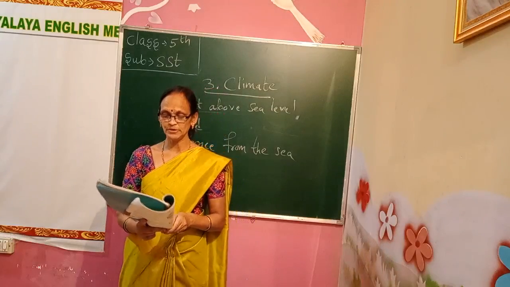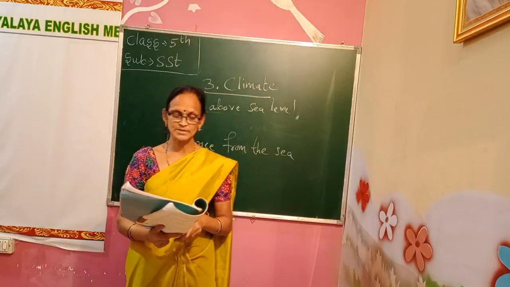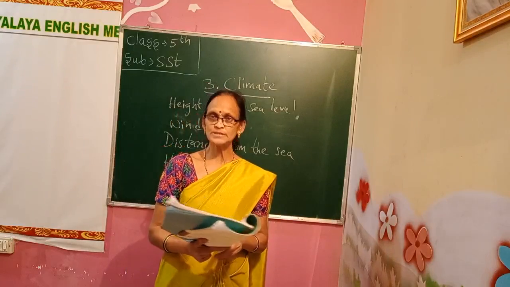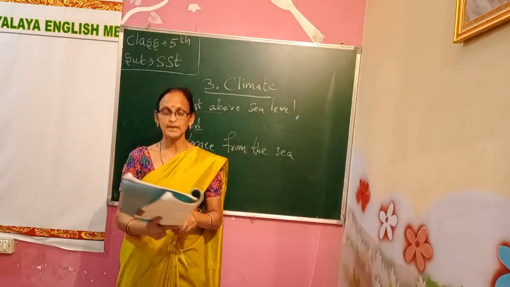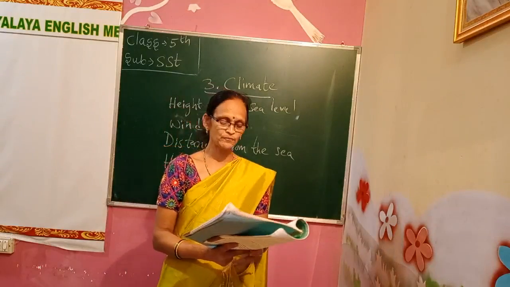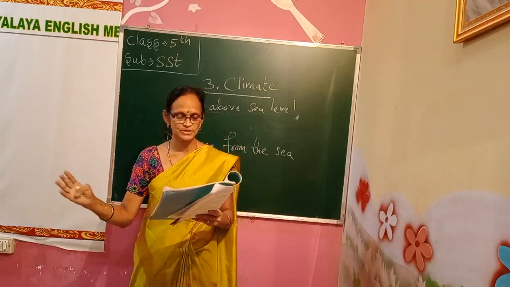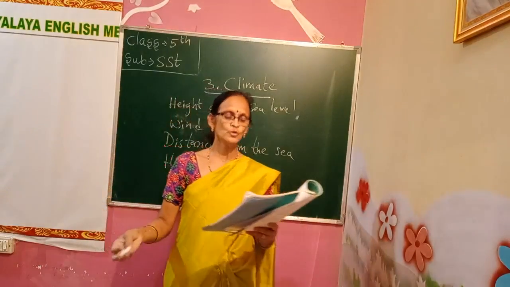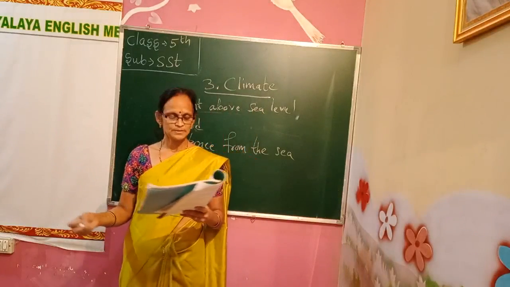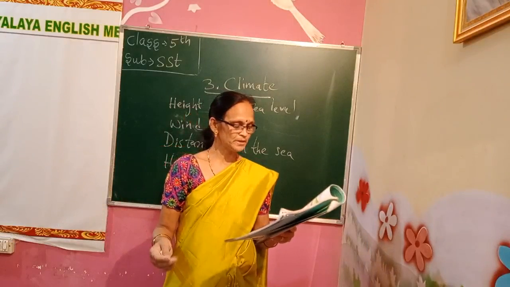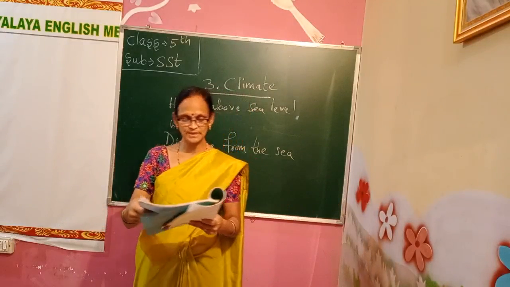The degree of humidity of a place is related to the distance from the sea. Winds blowing over the sea collect moisture, so the coastal area is humid. That is why the humidity in Thiruvananthapuram is higher.